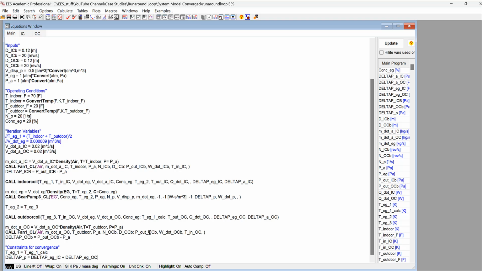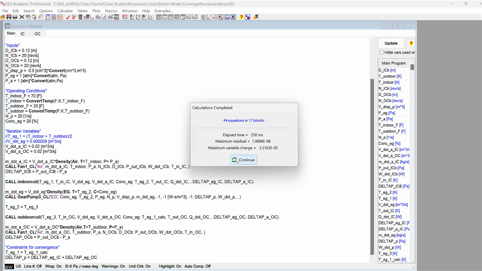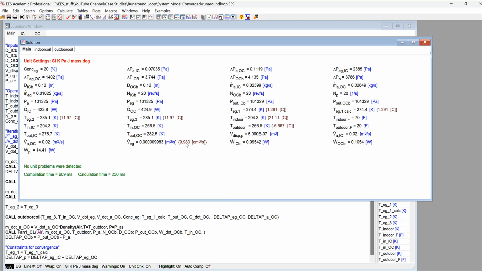So now I hopefully can solve and come to some convergence, and it turns out that this is going to be my ethylene glycol flow rate, and that's the flow rate that balances this 1.4 kilopascal rise on the outdoor coil, and then there's a 2.3 kilopascal rise on the indoor coil, and that's exactly made up by the 3.8 kilopascal rise on the pump.